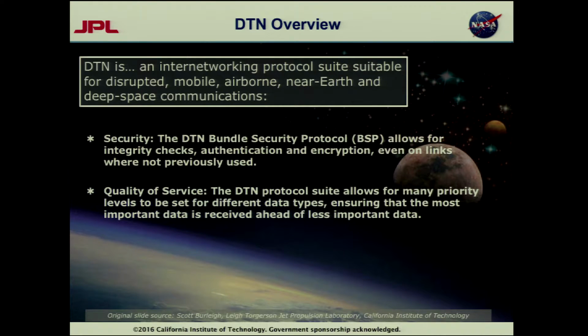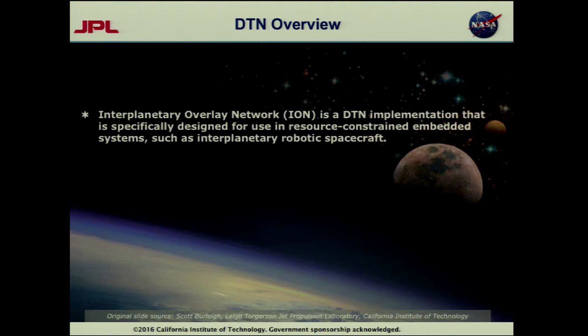And talked a little bit about some of these things. So the ION implementation is specifically designed for resource-constrained environments, embedded systems, so our spacecraft and embedded systems. It's specifically designed in terms of flight software design rules, memory management, and those sorts of things.